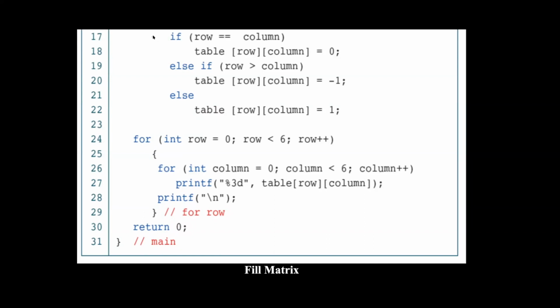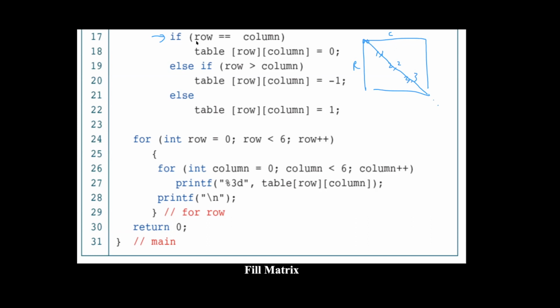The very first if statement here is a conditional to fill in the diagonal. So what does diagonal mean? If you look at rows and columns, they all share the same number, meaning 0,0, 1,1, and then 2,2, and 3,3, so on and so forth. Every single one of these elements needs to have a value of 0.